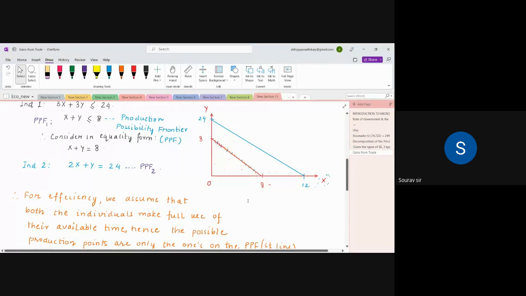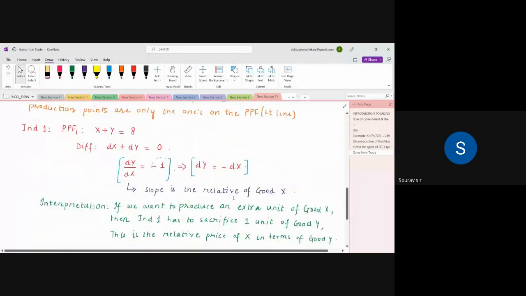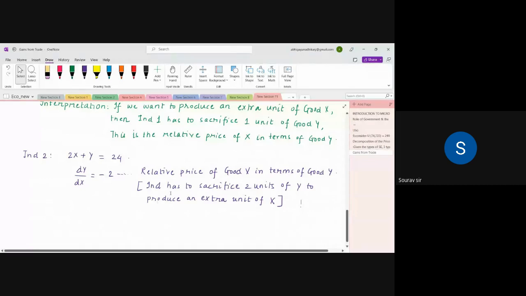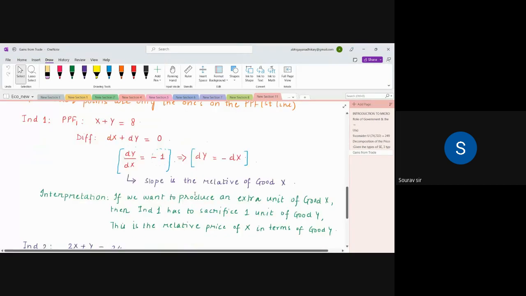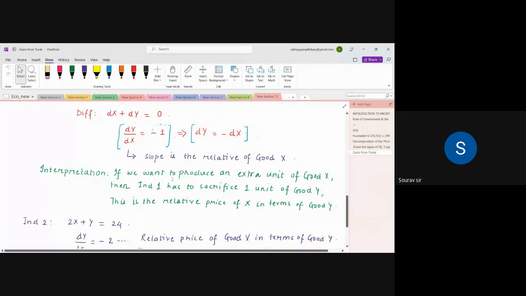Although I have not mentioned any specific market price for these two goods, isn't this relative price of good X the price that they are imposing upon themselves as the relative price of good X in terms of good Y?